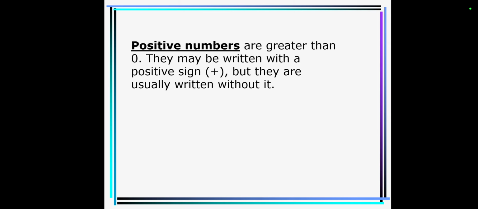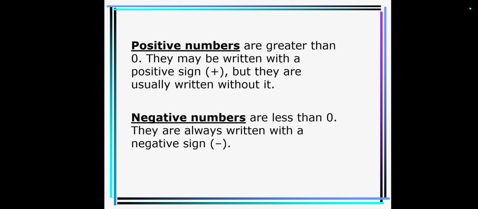When we say positive integers, those are the numbers greater than zero. They may be written with a positive sign, but they are usually written without the positive sign. In math, we usually represent positive numbers without a sign. Next are negative numbers.